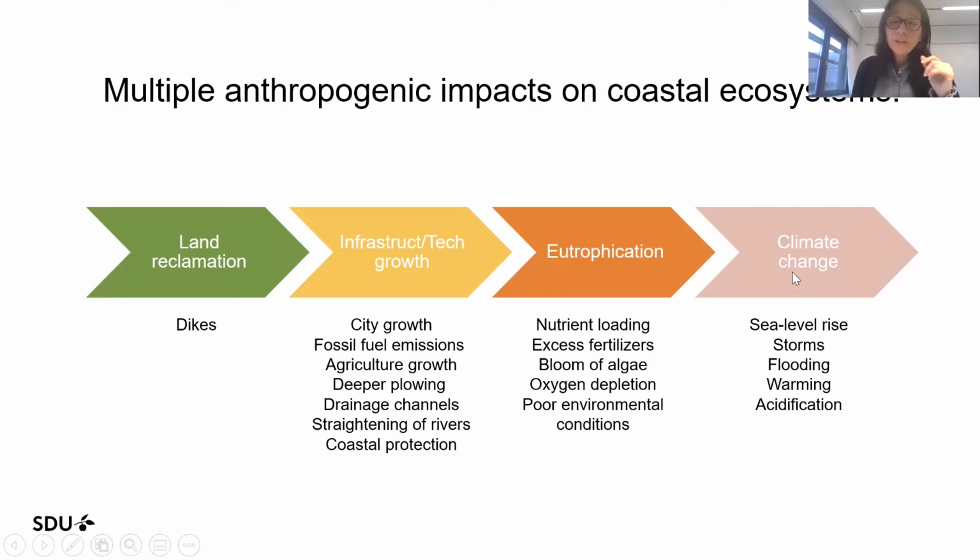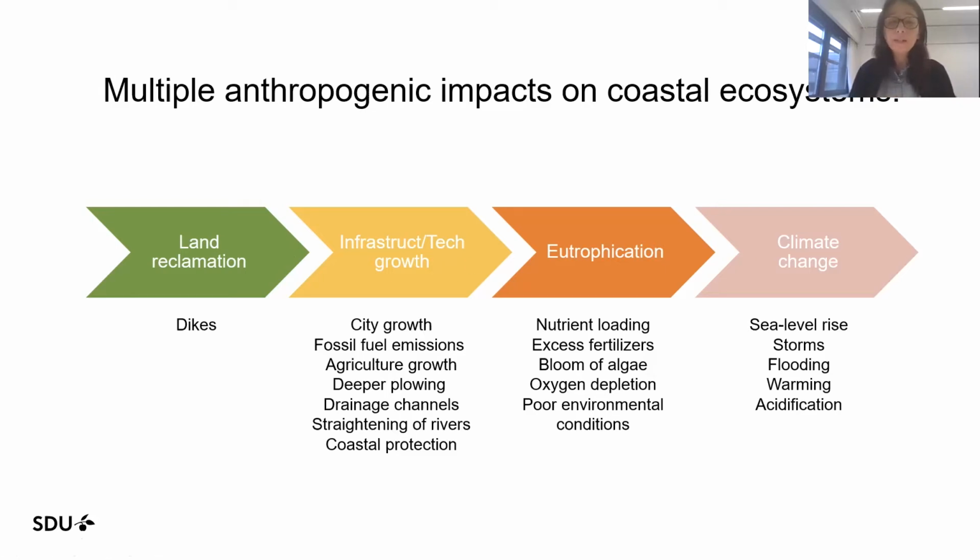Then of course we have the global problem of climate change: sea level rise, storms, flooding, and warming and acidification. So when we think about the coastal ecosystems and the impacts, we have to think about all these factors that influence them. And here I put them in a separated way, but of course they are occurring simultaneously.